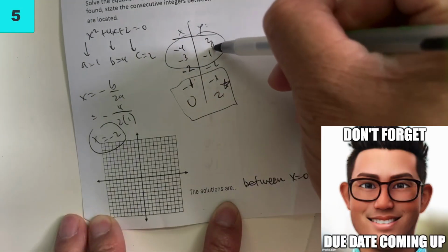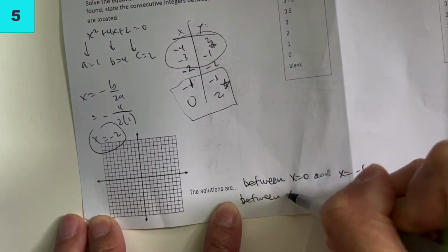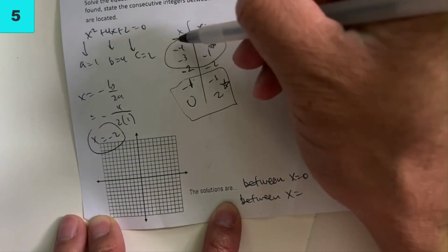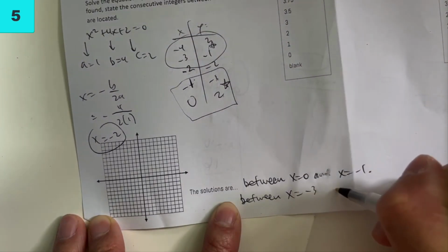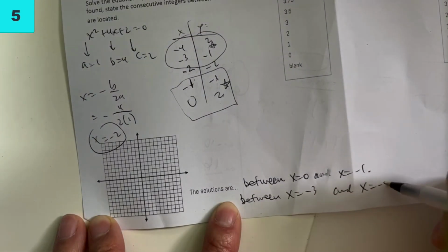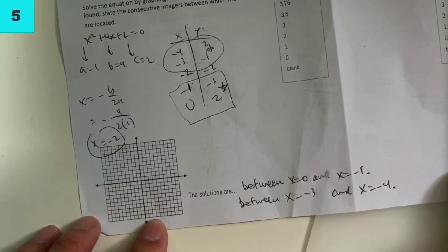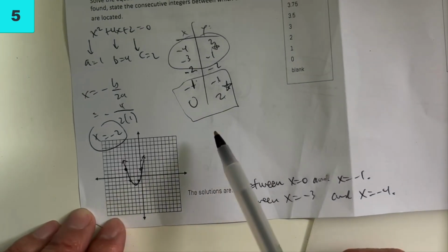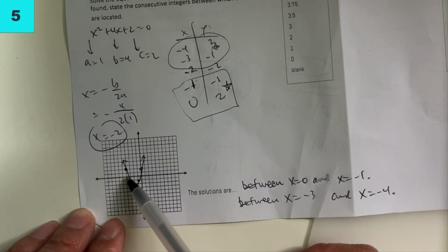And up here is another sign change, where x is between negative 3 and negative 4. You can graph it. Since graphing this, you'll see that my solutions are between 0 and negative 1 and negative 3 and negative 4.